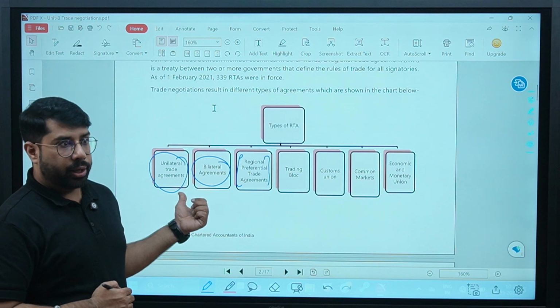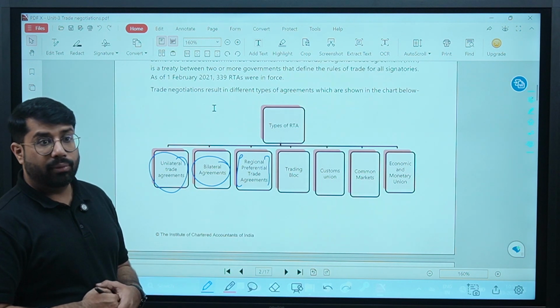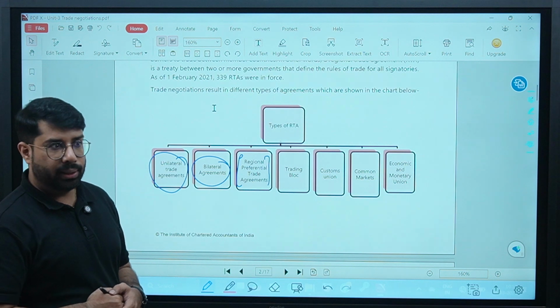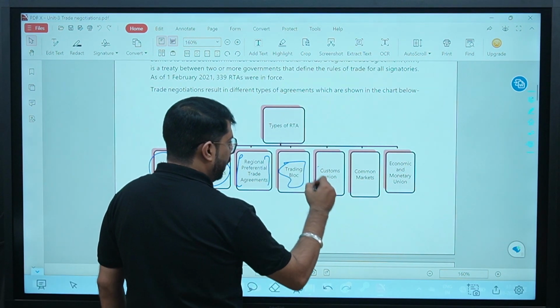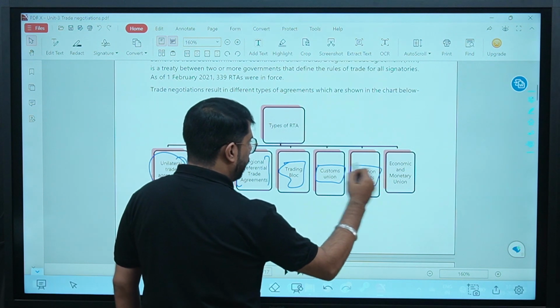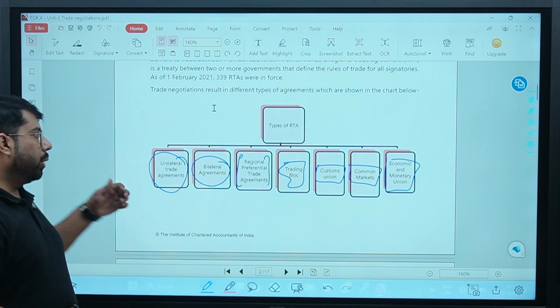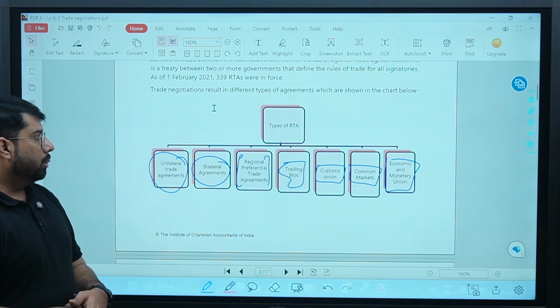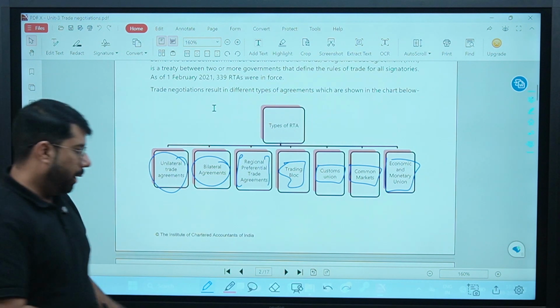Yes, preferential trade agreements, free trade areas, yes or no? Where I gave you the example of NAFTA and EU. Yes, so that same part. Then you have trading bloc, then you have customs union, common market, and EMU, economic and monetary union. So we are going to study these 7 or 8 types of RTAs here. Okay.